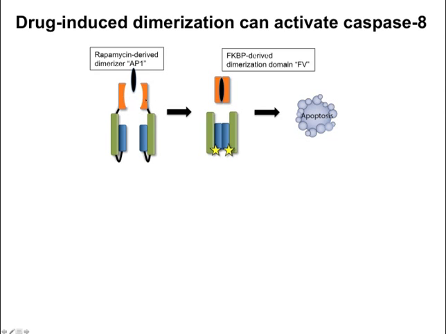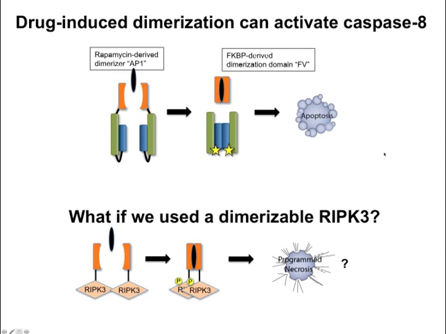This brings these two dimerization domains together and leads to dimerization of the protease domains of the caspases, and this then leads to their activation into apoptosis. And this has been well characterized in that context.